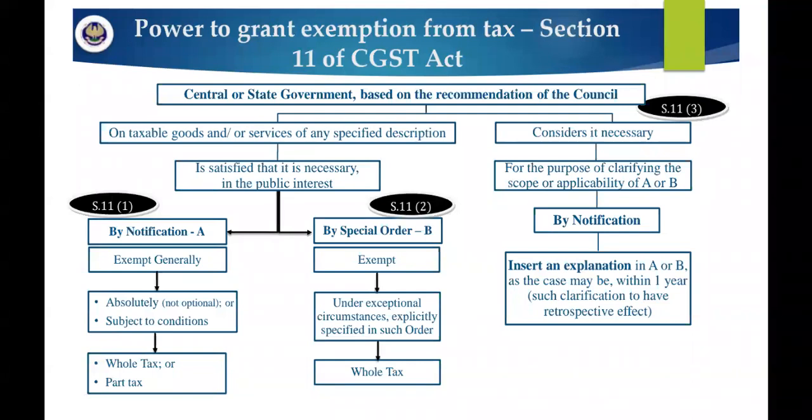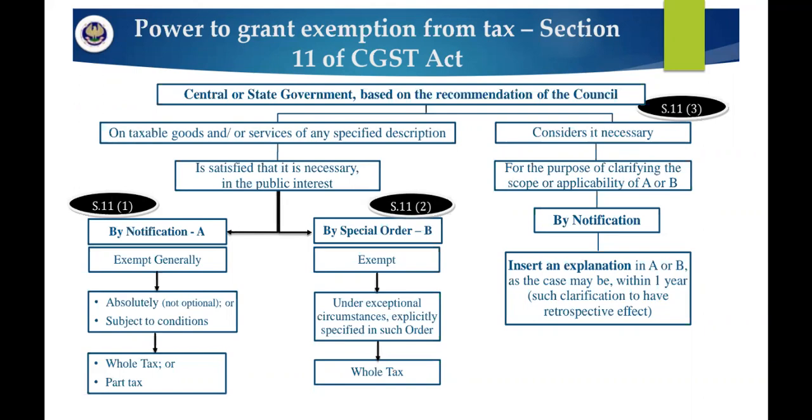So the GST council has to look, and the central government and state government should recommend to the GST council that whatever they are doing on the taxable goods and services, it should be satisfied that it is necessary in the public interest. It should be for the public interest. It should be to protect the public. It should not be done to exploit the public, right?